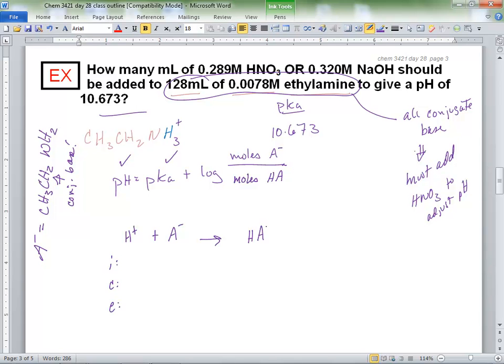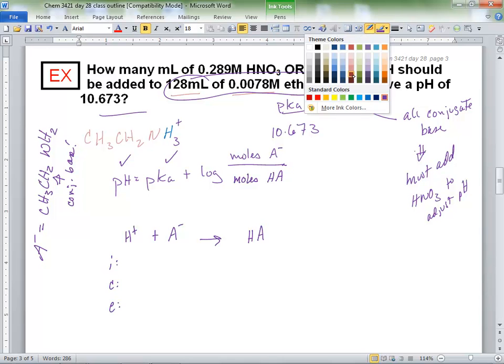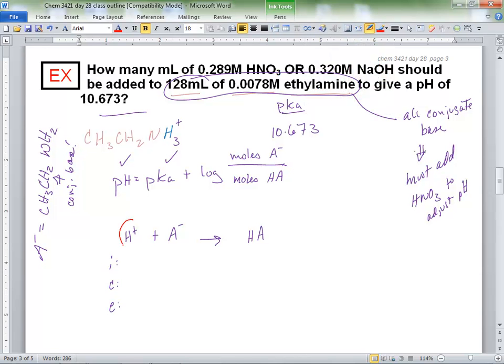Okay? So do we have anything there initially? You can even kind of help yourself out. This is our first mole table for this. This H+ is from what? From the HNO3. Okay. So do we have anything there initially from the HNO3? Right?